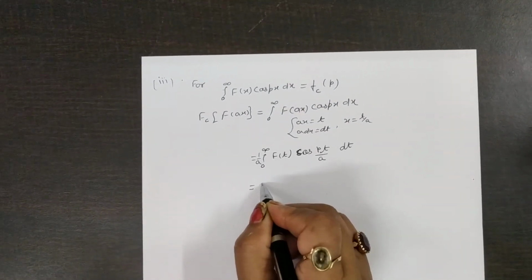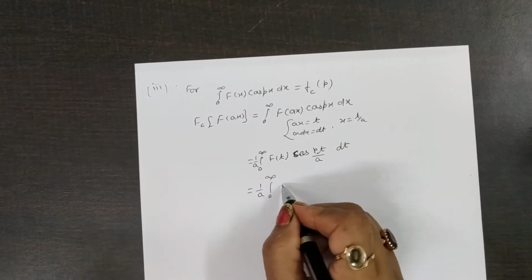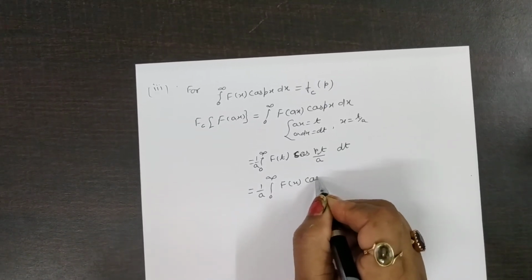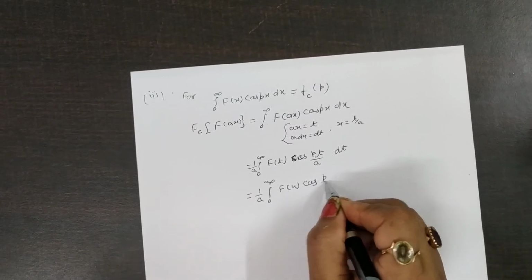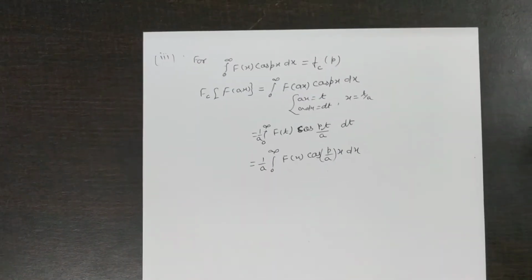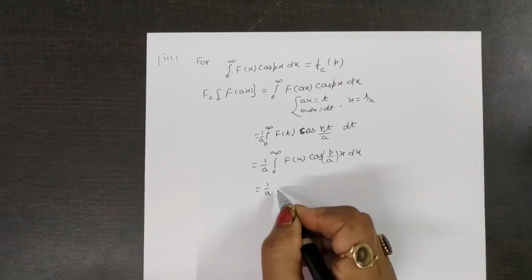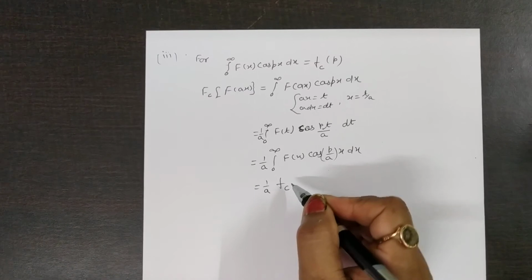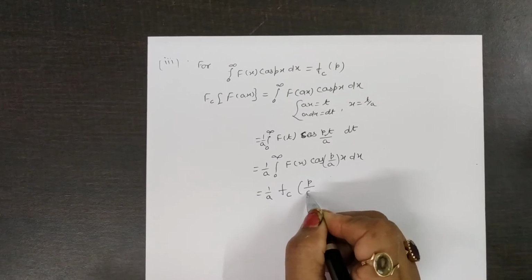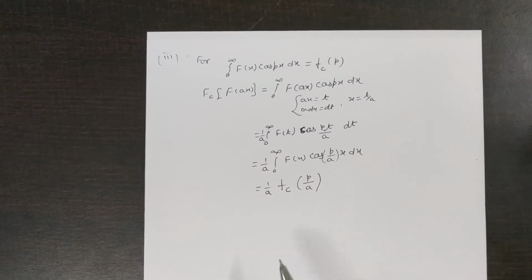Similarly, this can be written as 1 by a times the integral from 0 to infinity of f(x) cos of p by a x dx, which is equal to 1 by a F_c of p by a. That's clear. This is the same for the cosine property.